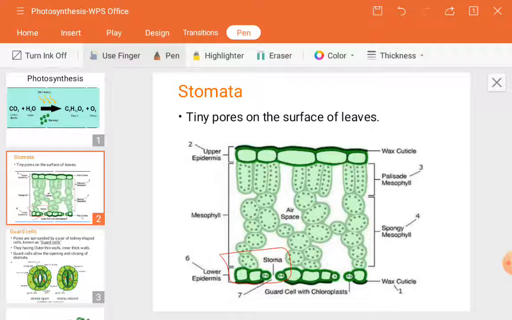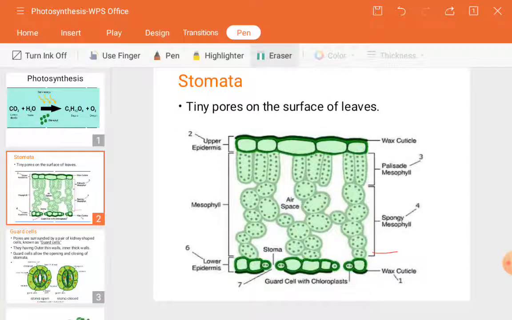This is the surface, which is why the stomatal cells are shown at the edges of the leaf. You are seeing the distances between them, so that's why they are the stomatal cells.